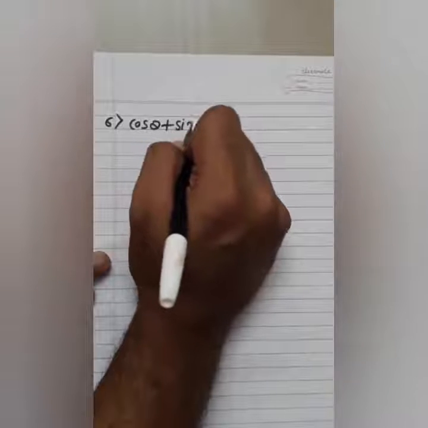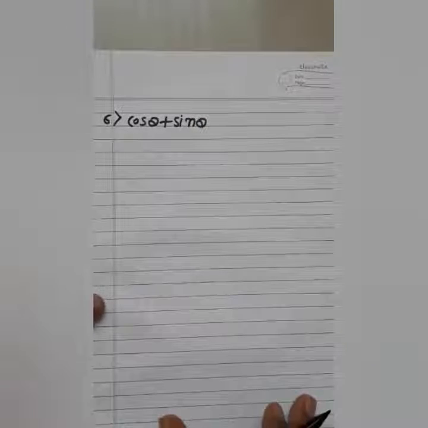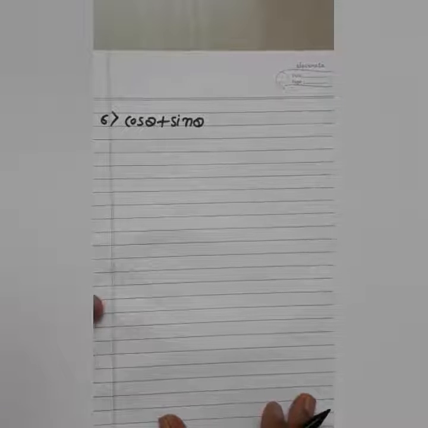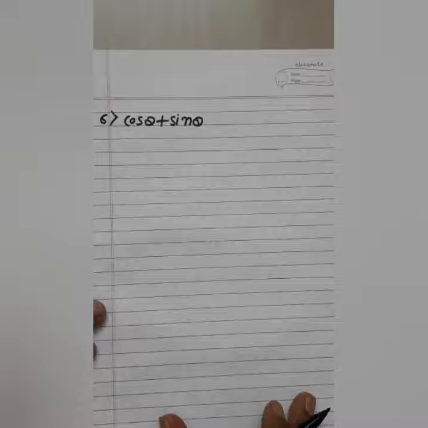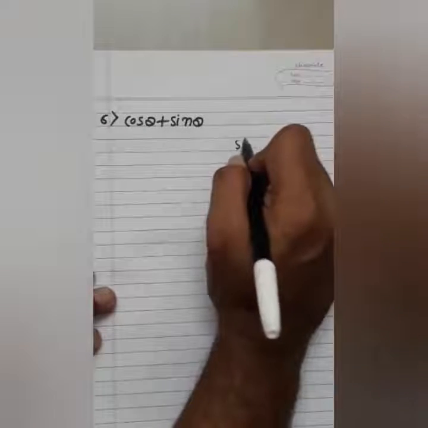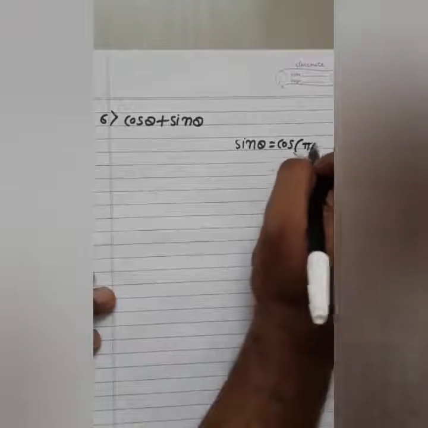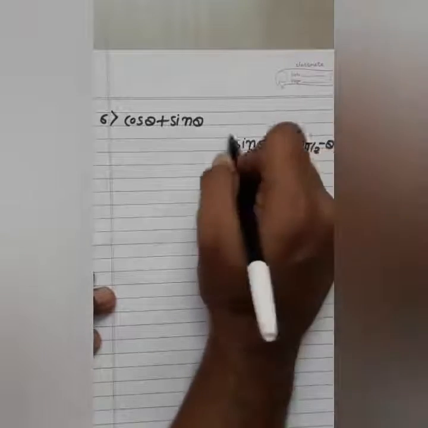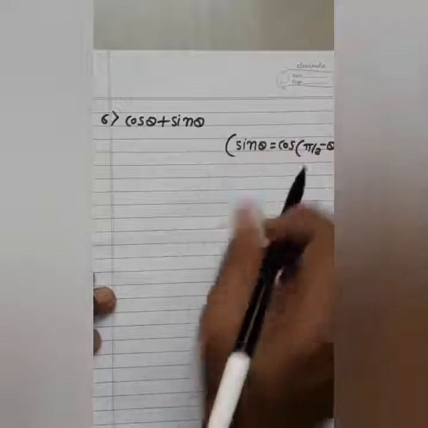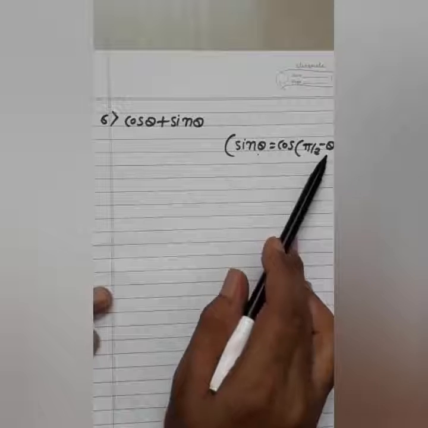Cos theta plus sin theta. Again the problem is that the formula for cos plus sin is not present, so how can we solve it in this situation? We know that sin theta is equal to cos pi by 2 minus theta, that is, sin theta is equal to cos 90 minus theta.